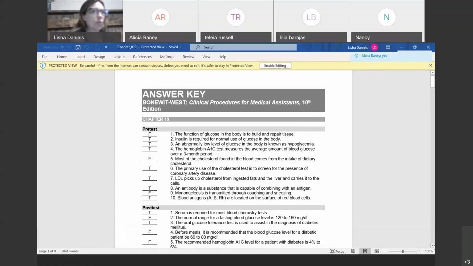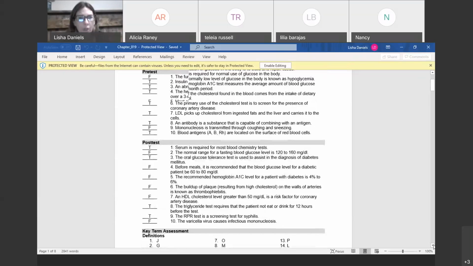Chapter 19, we're doing even. So 2 is true, 4 is true, 6 is true, 8 is true, and 10 is true. 2, 4 is false, 6 is false, 8 is true, 10.